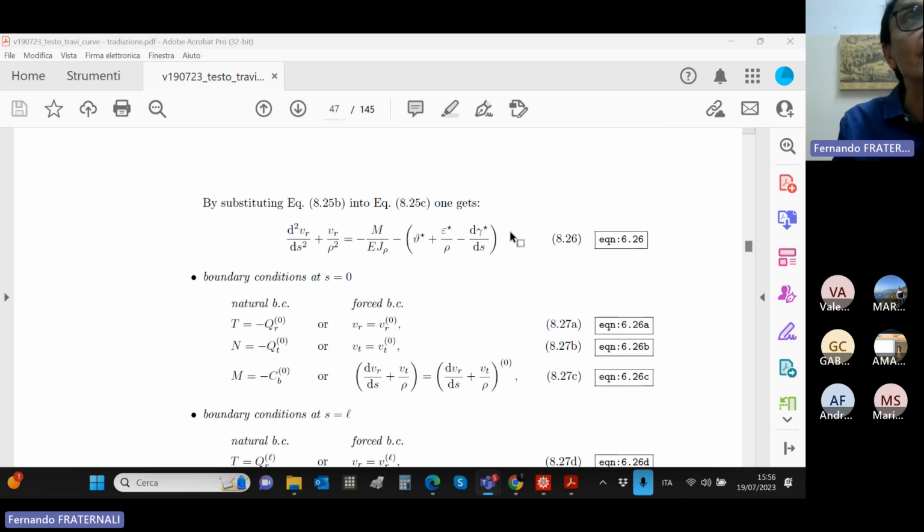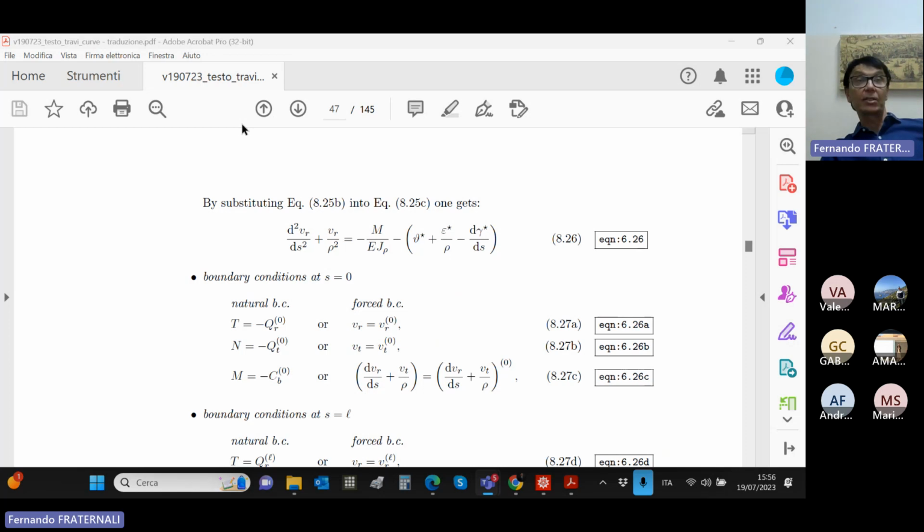If we ignore these terms of the eigen strains, this equation generalizes the one valid for the straight beam, which doesn't show this term and which implies that M over EJ rho, which is the bending strain of the beam, is equal to the curvature of the beam axis.